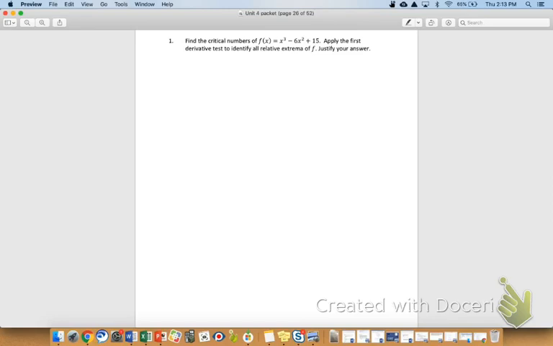This is simply a relative max or min we're looking for. We're not asking what's the absolute highest point on this graph. We're basically just saying, where does this graph go from uphill to downhill or downhill to uphill? We're looking for a relatively high point or a relatively low point. So the candidates for relative extrema are just critical points because there are no endpoints.